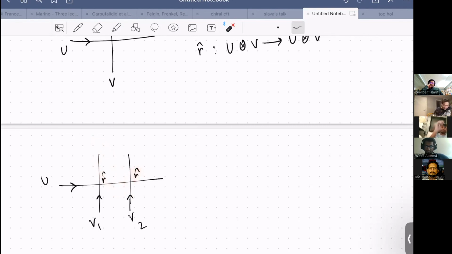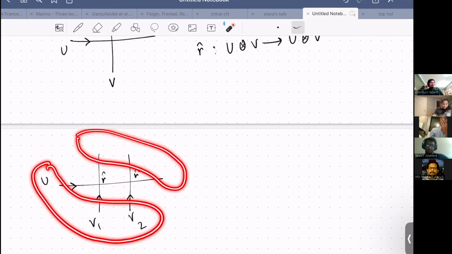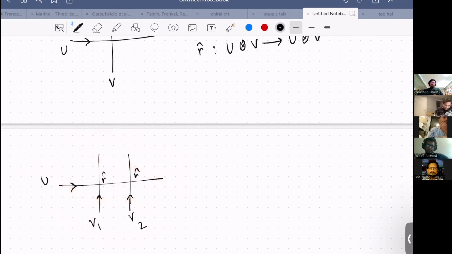This R hat does not touch the component in V1. It takes the component in U and something coming from V2 and gives you a state in the tensor product of V2 and U. Ultimately you have something in V1, something in V2, and something in U. Altogether you have a map from U tensor V1 tensor V2 to the same space.